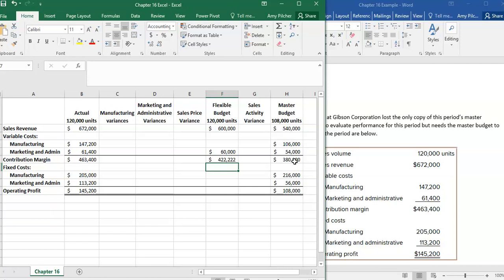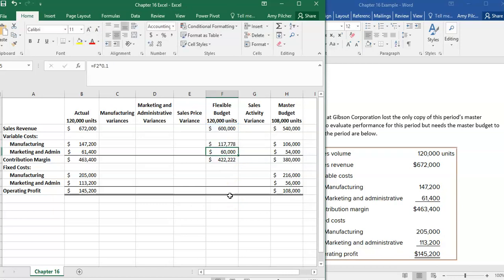Then we use that to help us get what our variable manufacturing costs are, just like we did with the master budget. So we're going to take our sales revenue minus our marketing and administrative costs minus our contribution margin.